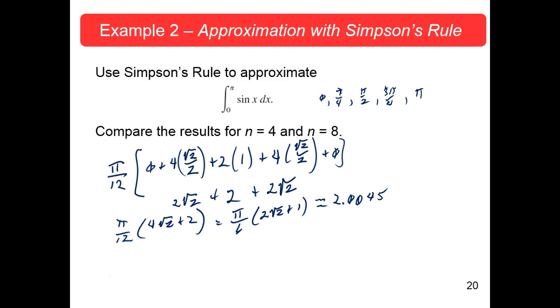Okay? Now, the only difference when you go to n equal 8, well, there's a couple differences. First, you interject pi 8ths in here, 3 pi 8ths, or 3/8 pi, 5/8 pi, and 7/8 pi. Now, I can't do those in my head, so you're going to have to.